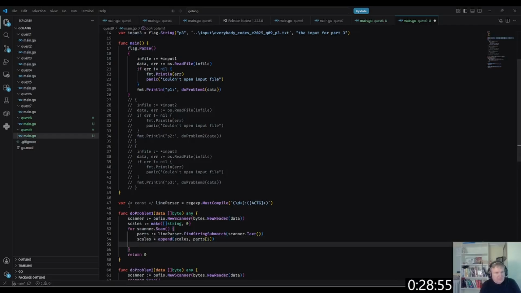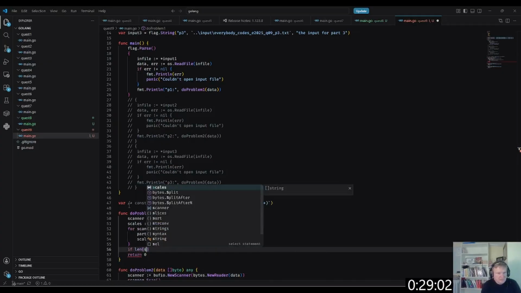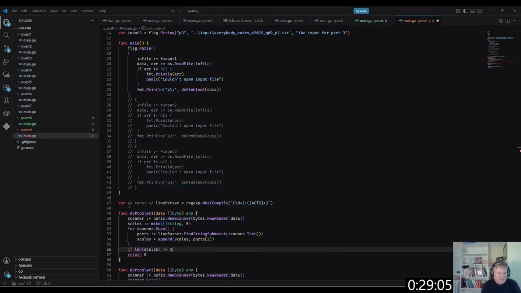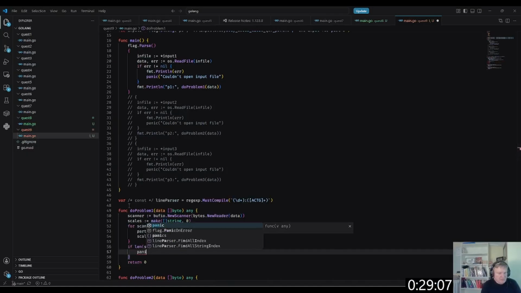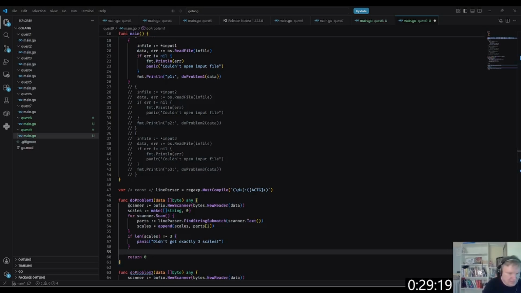Okay. If scales 3, panic. Okay, so then we test 1 as the child, then 2 as the child, then 3 as the child.